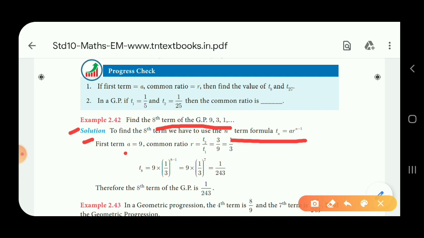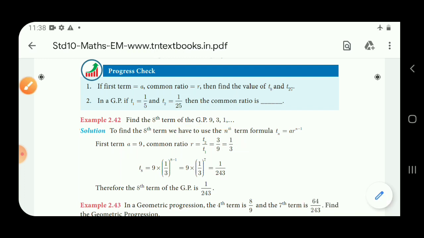First term a is 9. The common ratio you can find using the formula T2 by T1. T2, the second term, is 3 and the first term is 9, so 3 by 9 is 1 by 3, which is the common ratio.